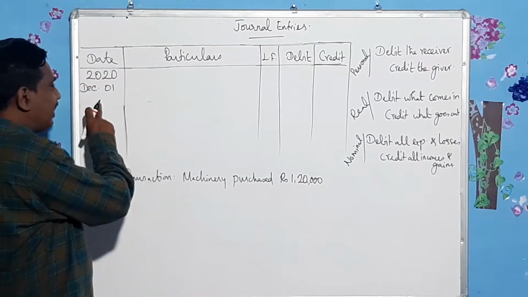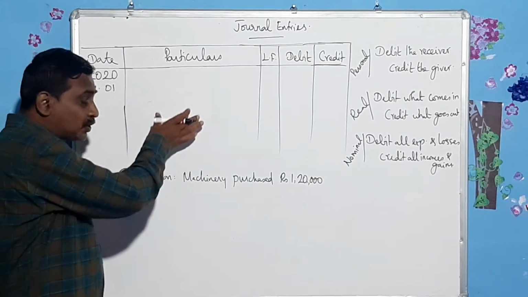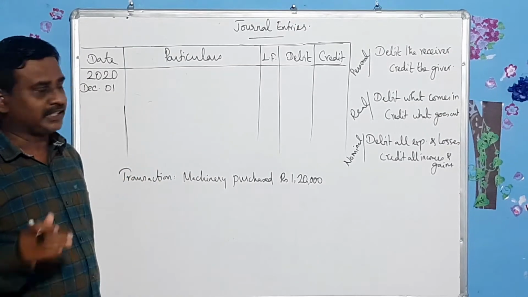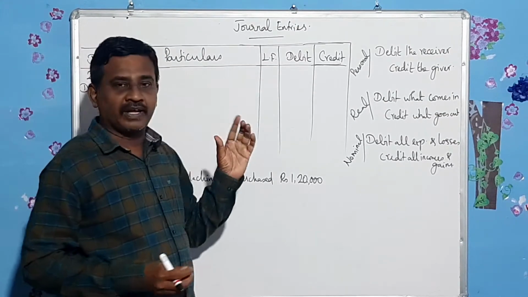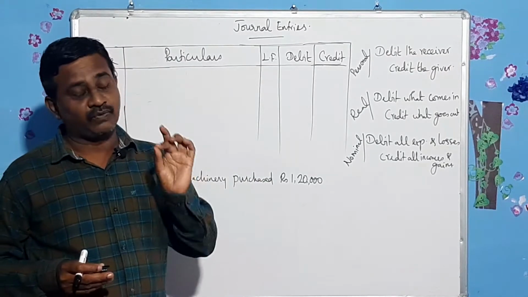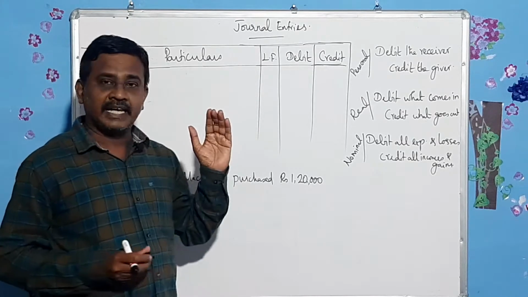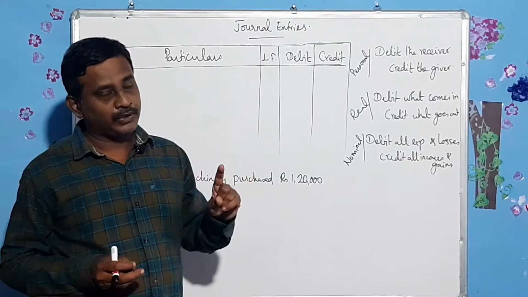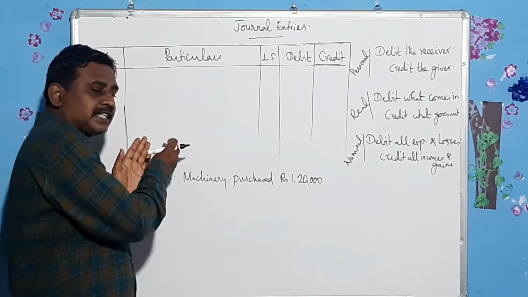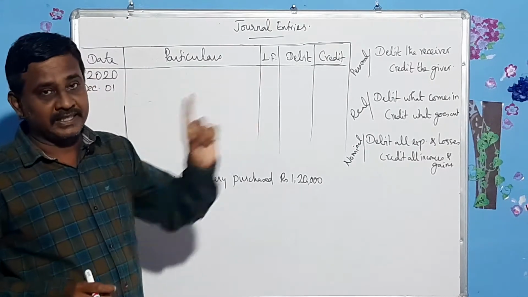So, this is the way of writing date and particulars. Here, what should be written? I am going to teach you. And LF means, the expansion of LF is ledger folio. What do you mean by ledger folio? Ledger means book. I have told you that transactions entered in the journal book will be posted to the ledger book.